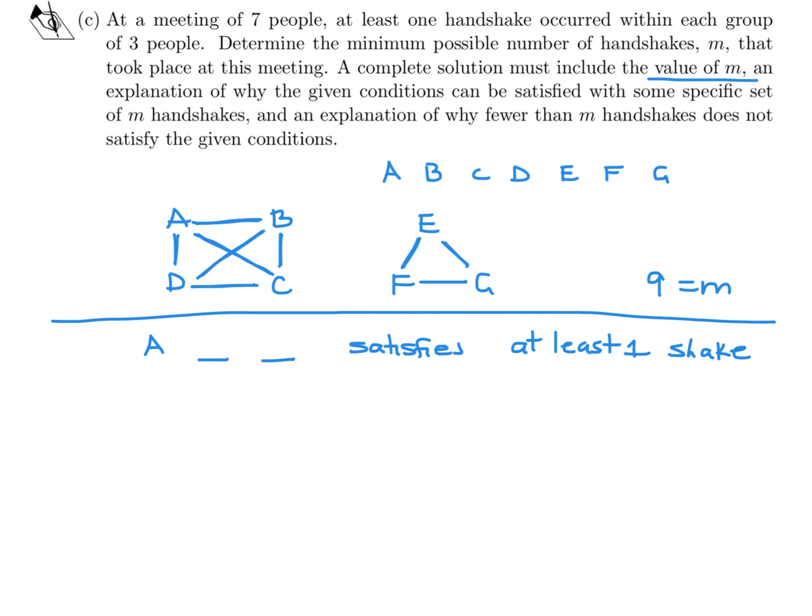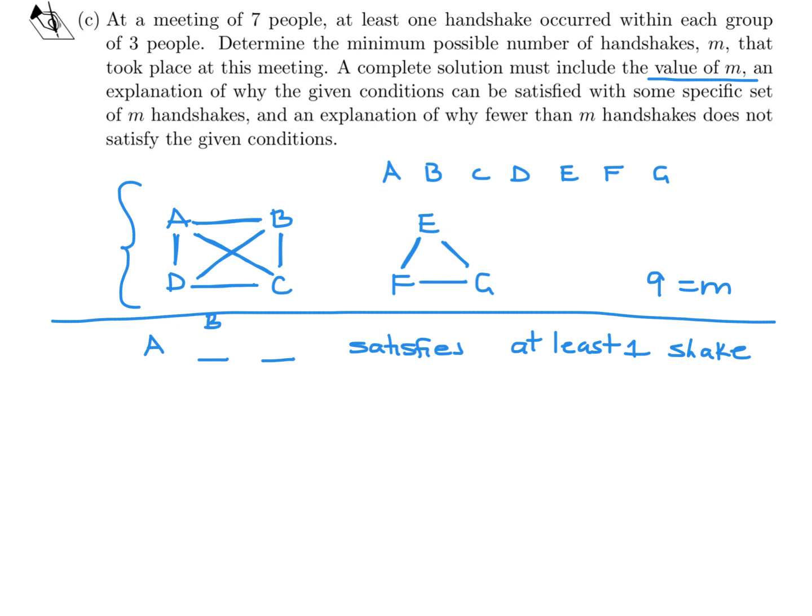Now, whatever we put here, if we put, for example, B and C, well, obviously, because they're all part of the same group, any 3 from that group, A, B, C, and D, will satisfy it. I hope you can see that.